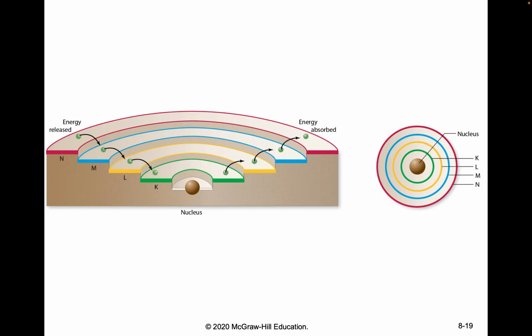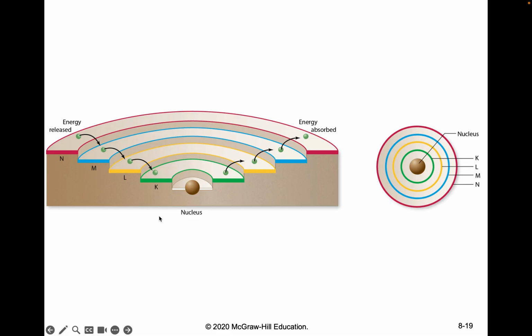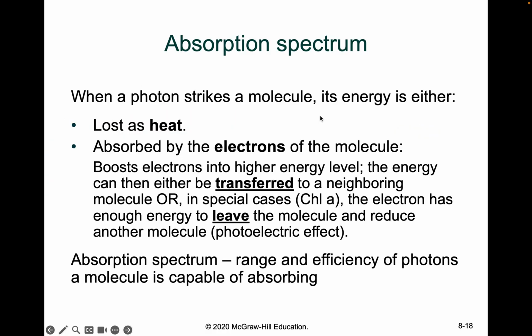So when a photon strikes a molecule, the pigment, the photon hits the electrons and passes its energy to them. Some of it is lost as heat, because that is the entropy, and some of the energy is transferred to the electrons. The electrons get excited and jump into different energy levels, and later they go back down and release light of a color that we see. So that is what happens when it comes to photons and pigments.